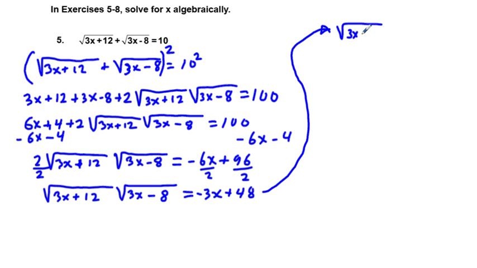So I'm going to take the square root of 3x plus 12 times the square root of quantity 3x minus 8 is equal to negative 3x plus 48, squared. I'm going to square both sides here. When we square both sides here, I'm going to keep the equal sign in the middle.